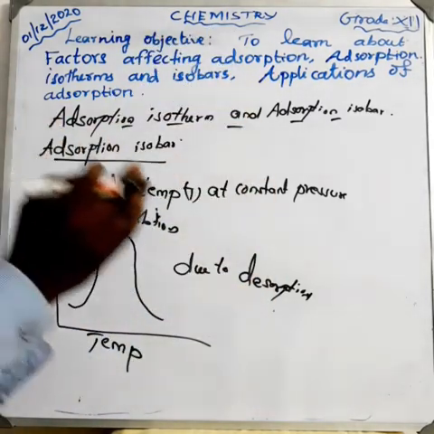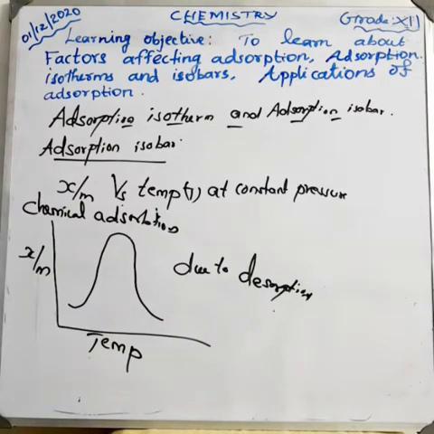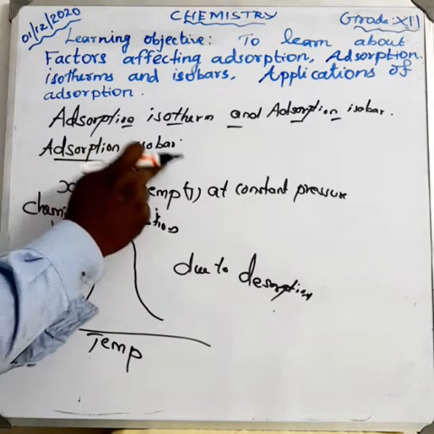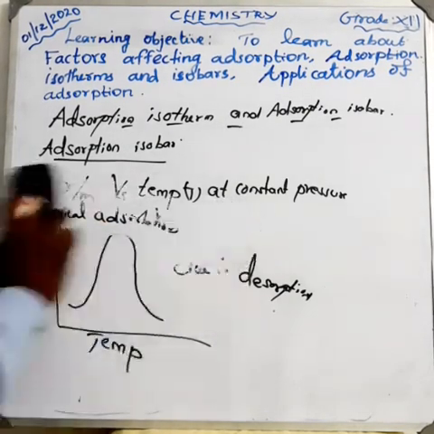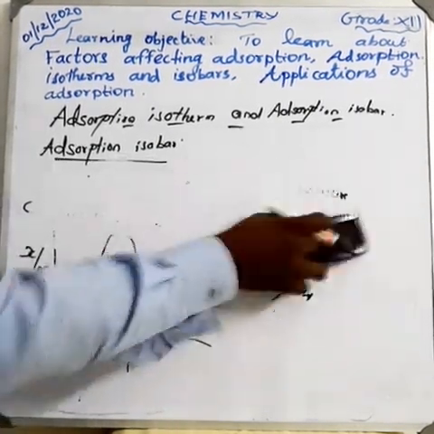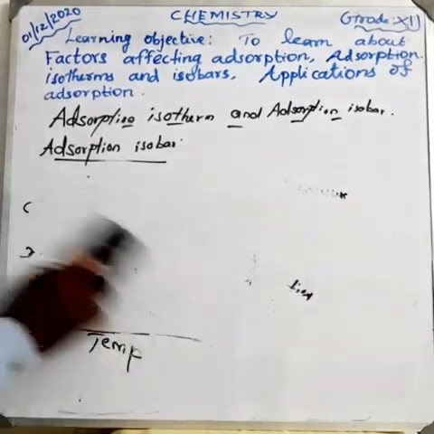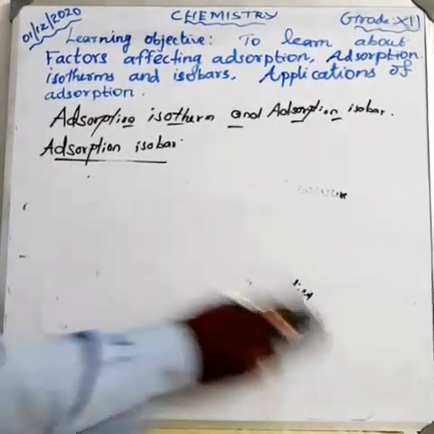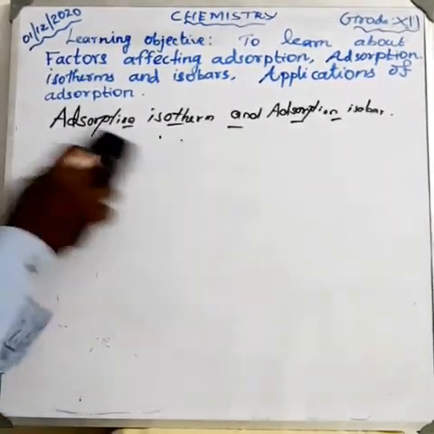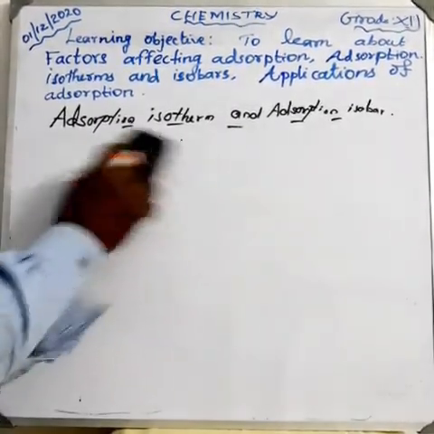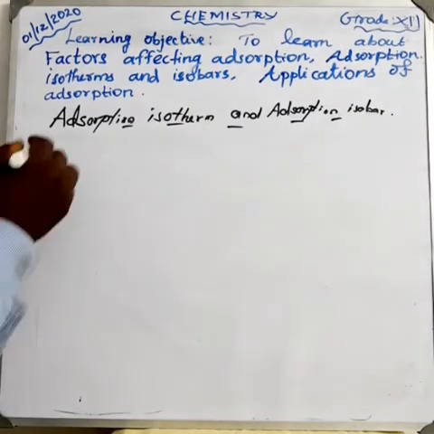This is about the adsorption isobar. Then we can learn the definition of adsorption isotherm. What is the definition of adsorption isotherm? Sometimes it may be asked as a 2-mark question.